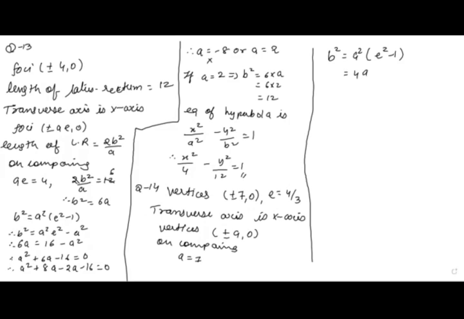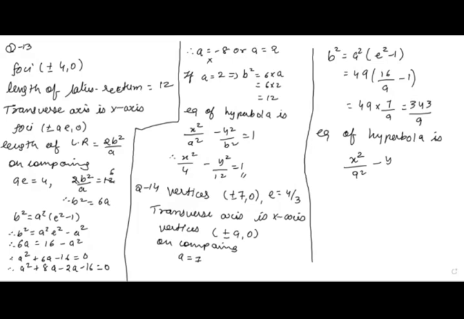So 49 into 16 by 9 minus 1, that is 49 into 7 by 9, that is 343 by 9. This is the value of b square. Therefore, the equation of hyperbola is x square by a square minus y square by b square is equal to 1.